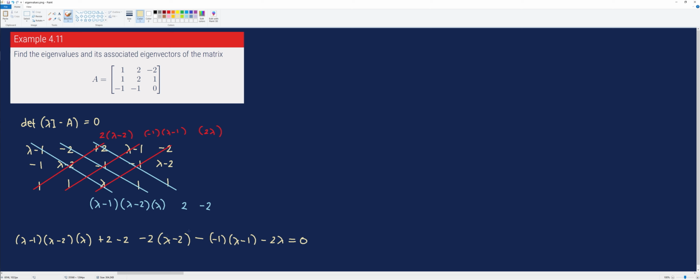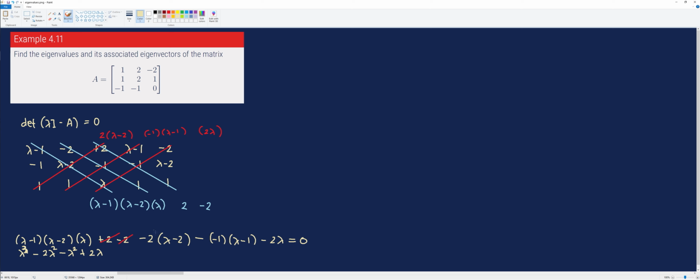Then perform the operation. So we use the FOIL. This is lambda squared minus 2 lambda minus lambda plus 2. Then we have another lambda. So this will become lambda cubed minus 3 lambda squared plus 2 lambda. Then plus, minus, so basically this is cancelled. So this is 0, 0.